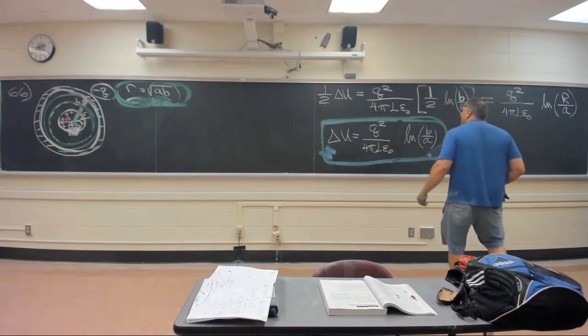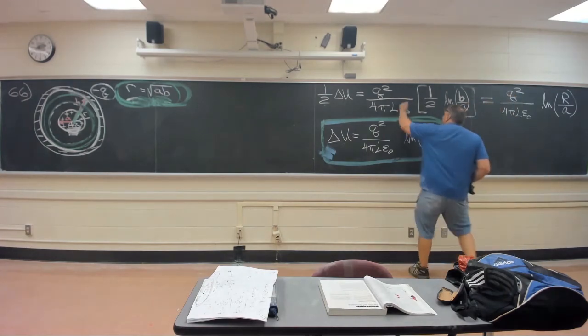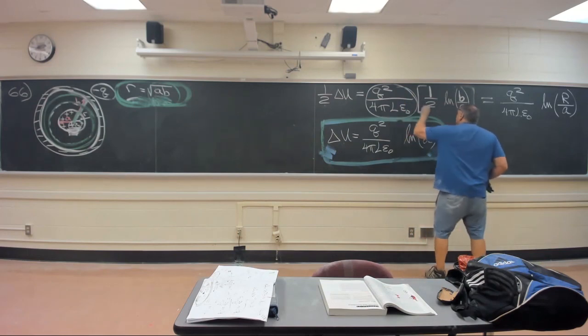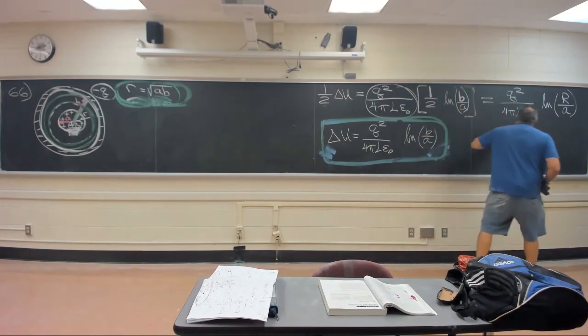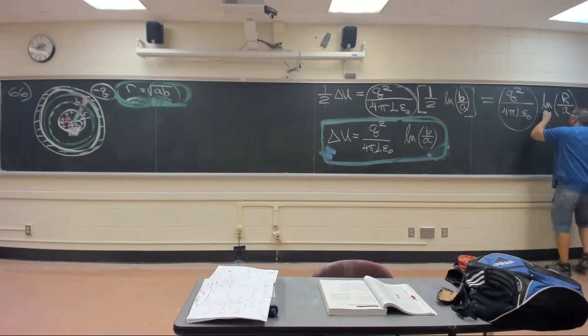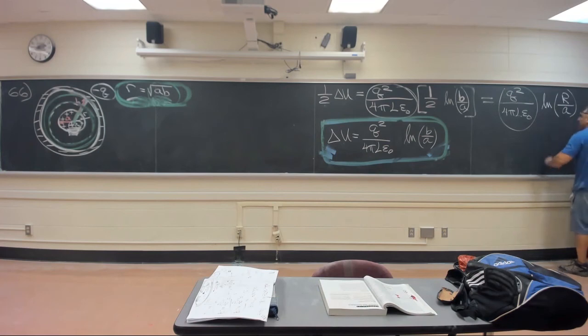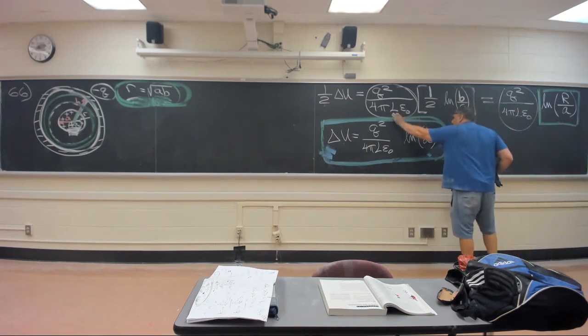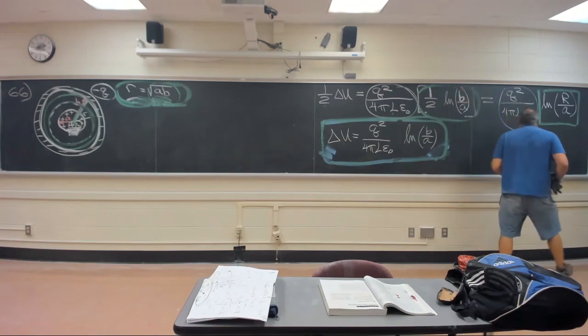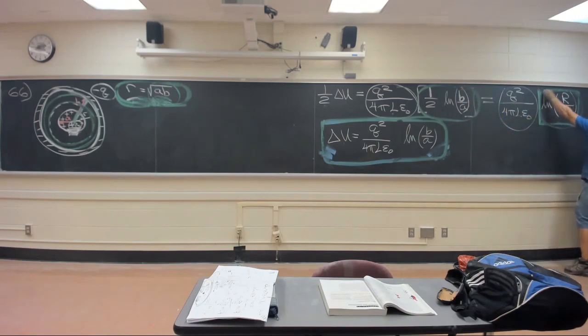Wait a minute. This times a half of that is the same as this times integrating to some particular place. I don't know what it is. Guys, there's a moral to the story here. This is equal to this. And that right here is equal to that right here.